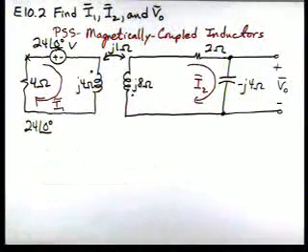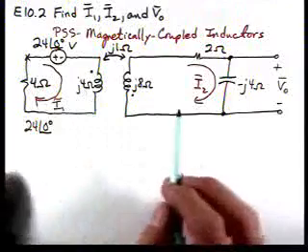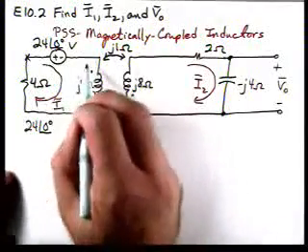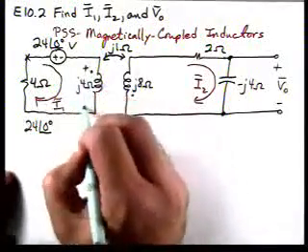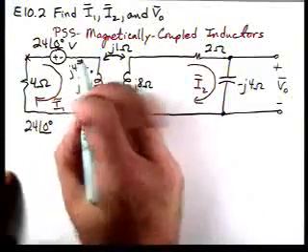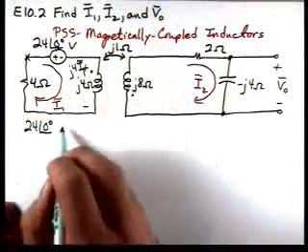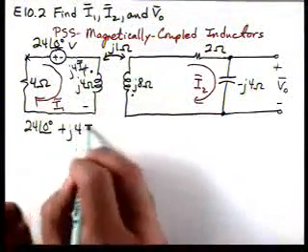Now we'll have two voltage terms for the inductor, one due to current I1 and another due to current I2. One due to current I1 is J4I1. So we'll have a term J4I1.